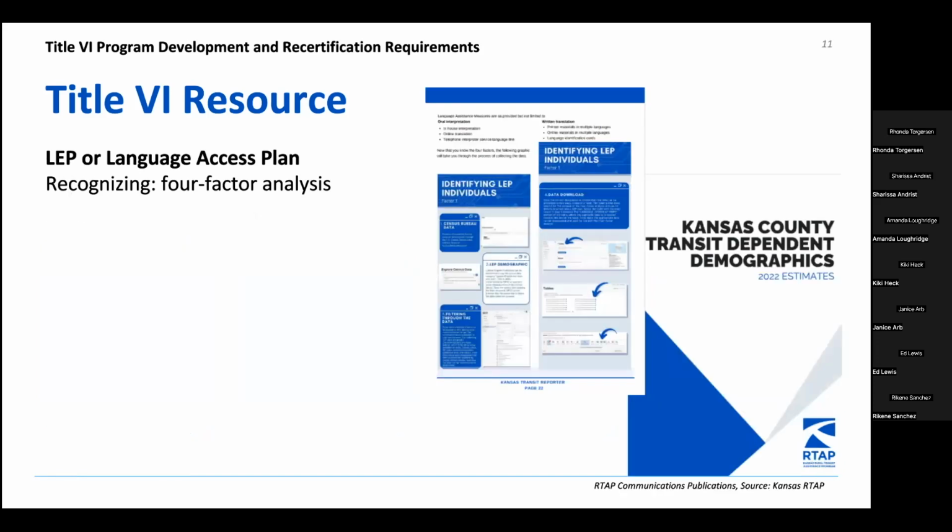And so here I wanted to talk a little bit about how exactly agencies can recognize the LEP individuals in their community. And Kansas RTAP has developed resources to help agencies in Kansas identify communities of limited English proficiency. And in the spring, actually, we published an article that provides a more in-depth walkthrough of the four-factor analysis, but also provides agencies with a step-by-step of how to access the number of population of limited English proficiency people in a geographical area.